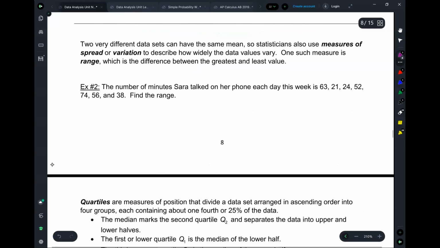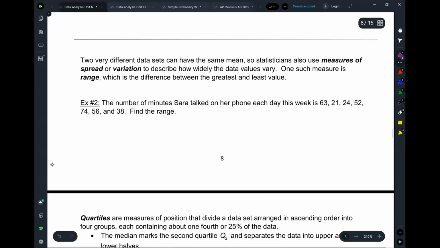So the thing about mean or averages, 2 very different data sets can have the same mean. Okay? So for example, if 5 people took a test and they got 80, 81, 82, 83, 84, the mean here is an 82.